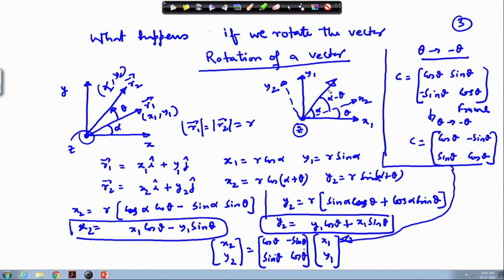Or the other way, if you are sitting on the vector which is fixed to the page and the frame is rotating, you will see the frame rotating in the anti-clockwise direction. It is just a matter of perspective, and both are in fact equivalent to each other, but once you use one of the representations, you have to stay with it throughout your computation, otherwise it will create problems.